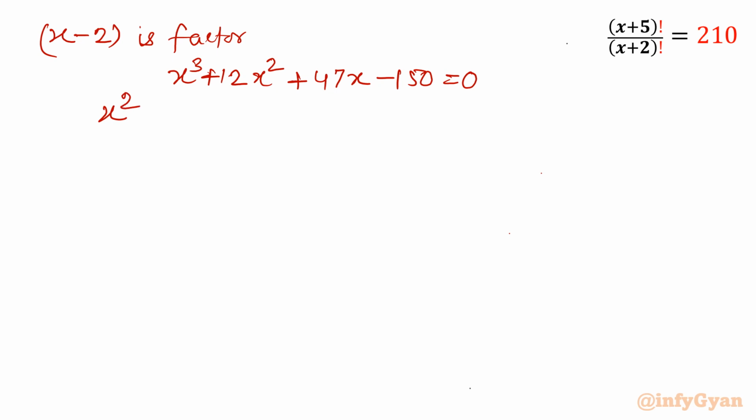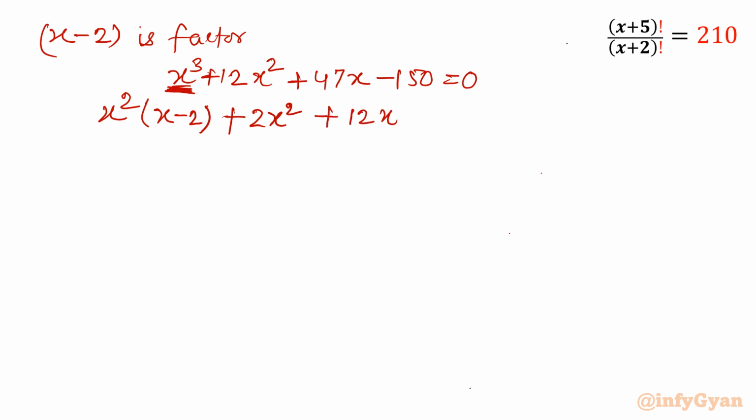What we have to do is write the maximum power by replacing one power by the factor. So x square into (x minus 2). x cube was there; now it is written as x square into that factor. What extra you have added here is minus 2x square, so we have to compensate it. I will write plus 2x square, and the remaining would be as it is.